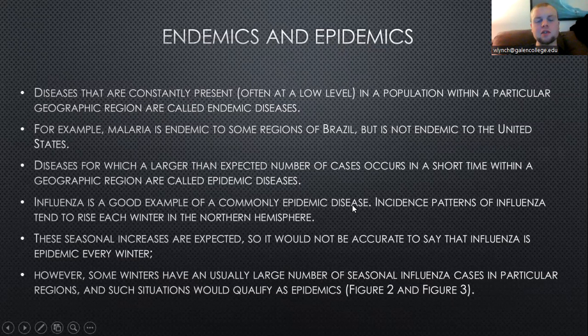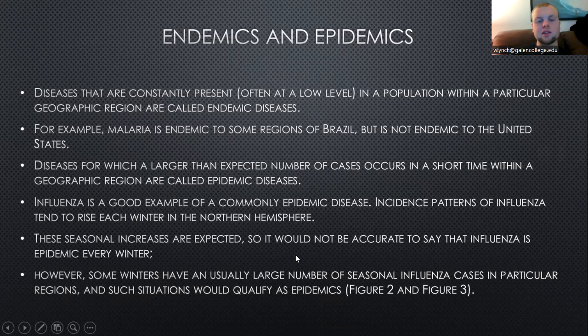Diseases that have larger than expected numbers of cases in a short period of time are going to rise to epidemic standards. Influenza is a good example of an epidemic disease because usually during the winter time, the incidence of influenza goes up, right?